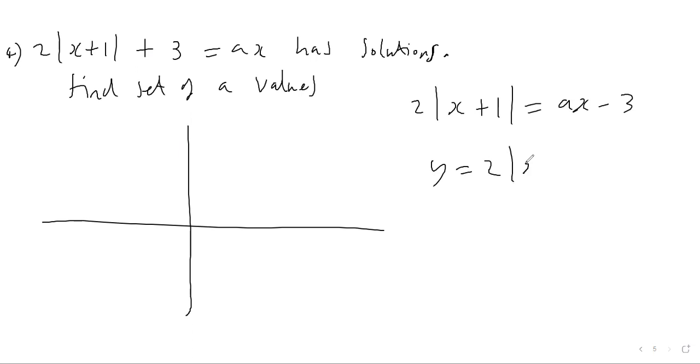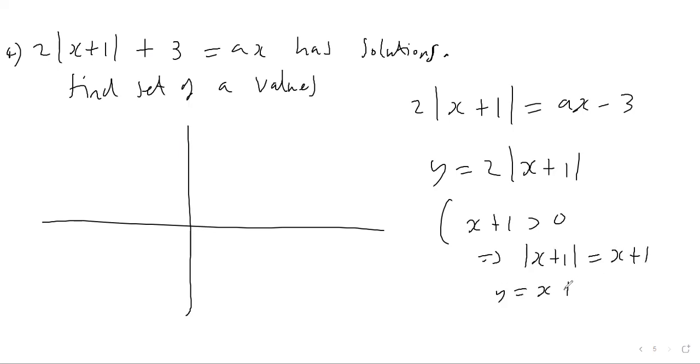So y equals 2 modulus of x plus 1. So, okay, if we sketch this in, remember, we've got two cases. If x plus 1 is greater than 0, that means that the modulus of x plus 1 is equal to x plus 1. So we've got the line y equals x plus 1.